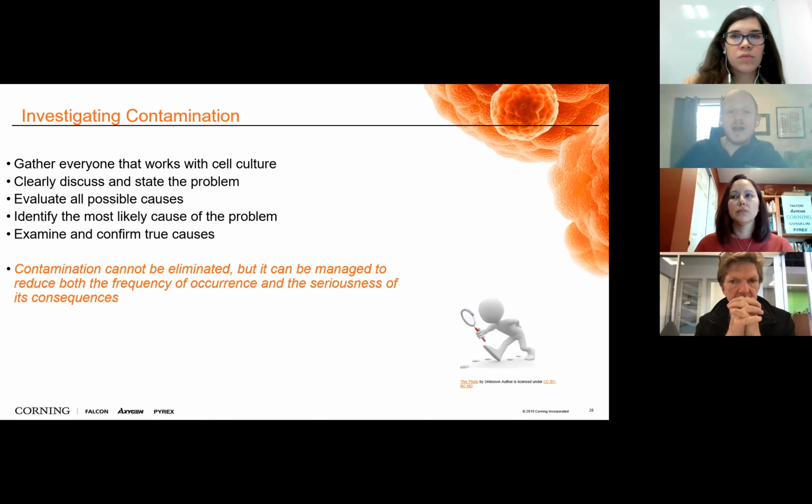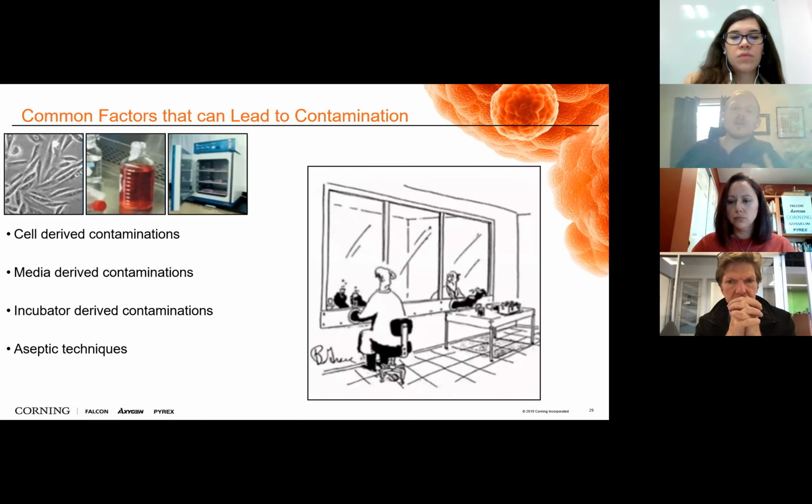It's important that the group as a whole gets together, clearly states the problem, evaluates the possible causes, identifies the most likely cause, and then examines and confirms the true root cause of where that contamination came from. Last note here is that you will very unlikely ever completely eliminate contamination from your cell culture, but it can be managed and reduced, both in frequency and seriousness. There are some common factors that can lead to contamination.